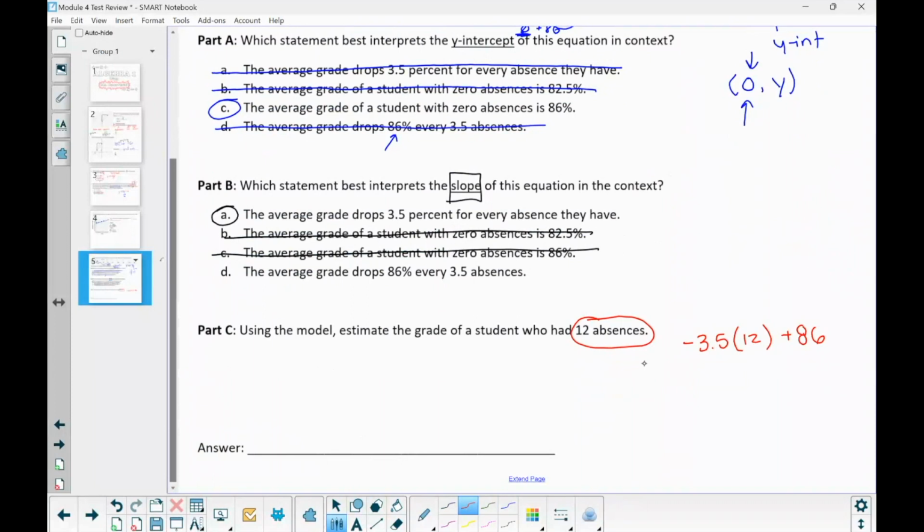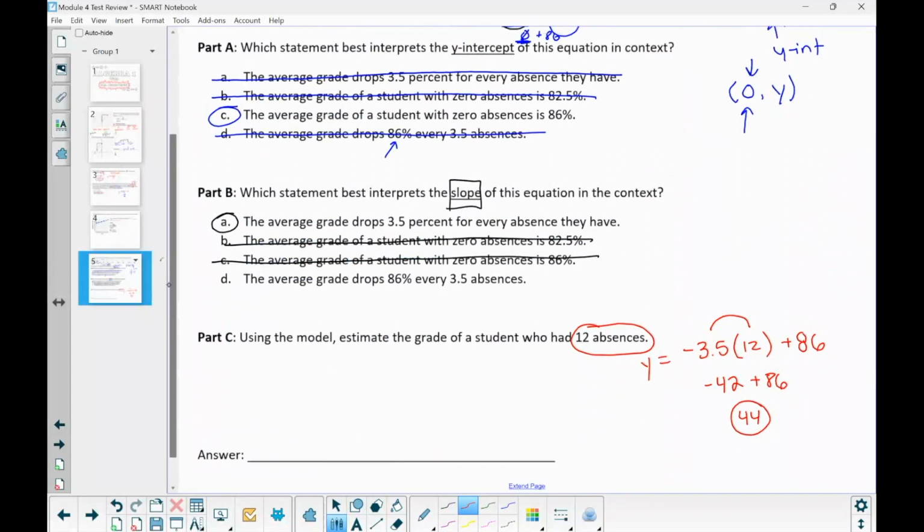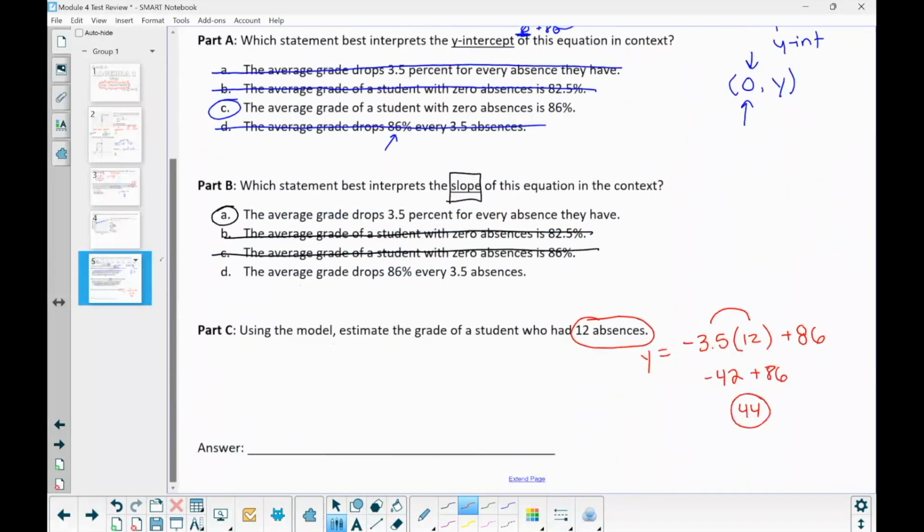Now, I have to follow PEMDAS. So I start with multiplication, negative 42, and then we add on our 86, 44. So in this case, y is our average grade. So we know if a student is absent 12 days, their average grade is going to be a 44%.